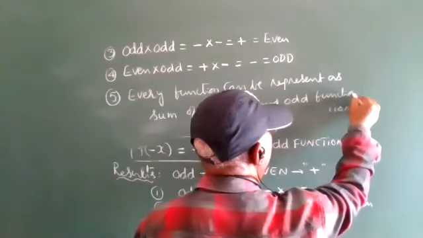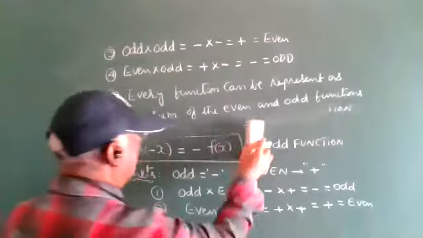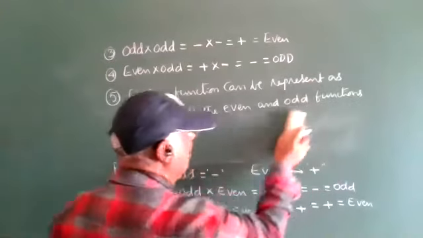Every function can be represented as a sum of the even and odd function. That is the fifth rule.